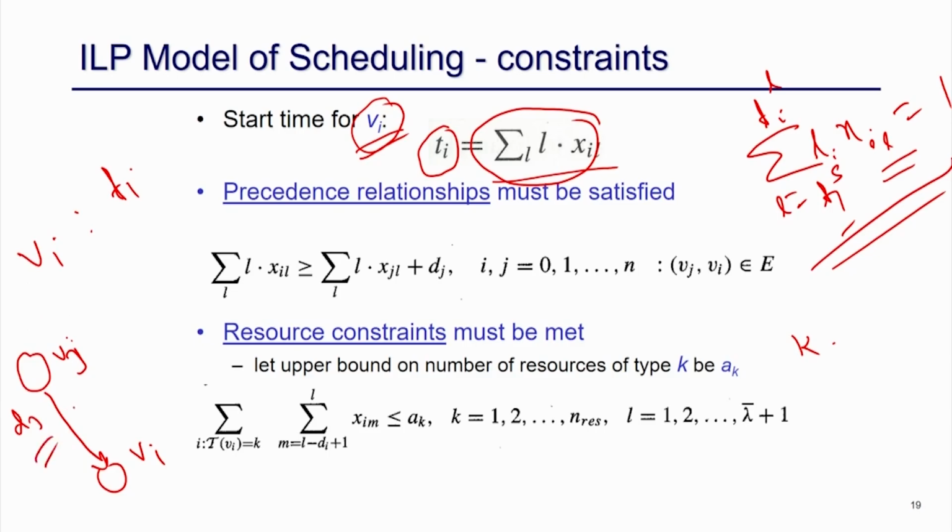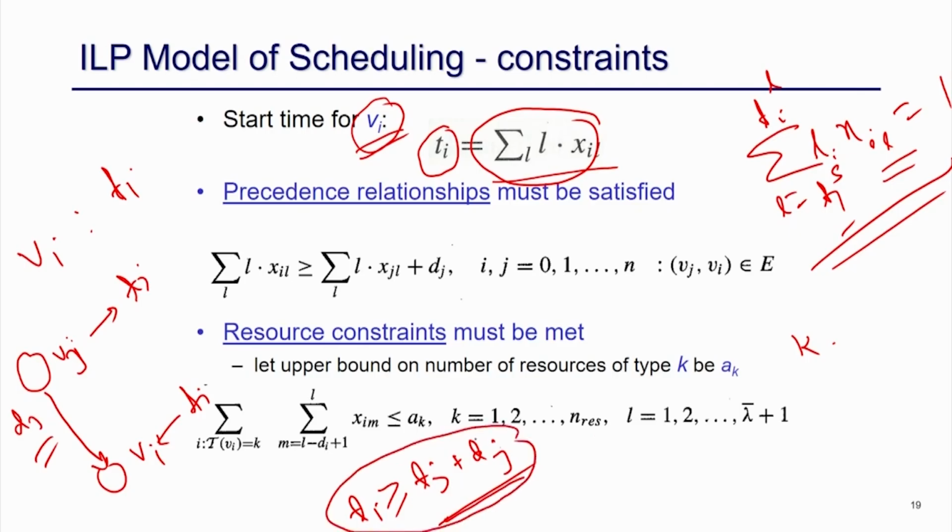If Vj starts at Tj and the start time step of Vi is Ti, then Ti must be greater than or equal to Tj plus dj, because you cannot start unless the previous operation is executed, as there is a dependency. If it starts at Tj, it will take Tj plus dj minus 1 steps, and only then can I schedule the next operation. This is the timing constraint satisfying the precedence relationship.